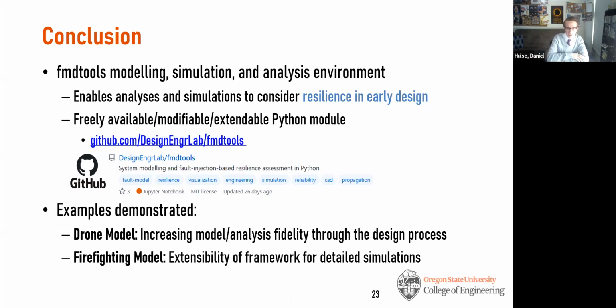Additionally, we had examples in the chapter, first of the drone model that I showed, which showed how you can increase model fidelity through the design process. And then there was another example that I didn't get to show that was an integrated fire propagation and response model, which showed our ability to extend this framework to very complex simulations.